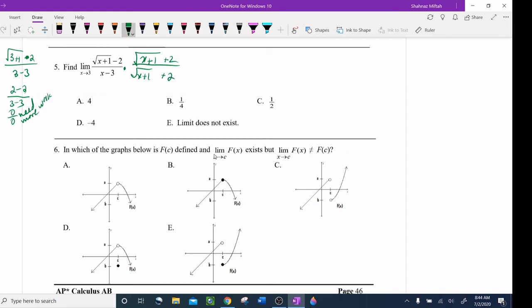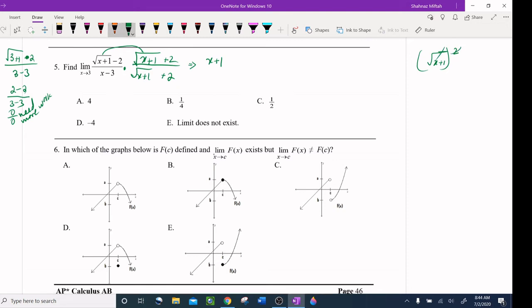Now we have to do the distributive property between them. Okay, straight across multiply. These two multiply, square root x plus 1 times square root x plus 1. You will get x plus 1, because squaring it means both of them multiply, so the square root and the square cancel out, and I'm left with x plus 1.